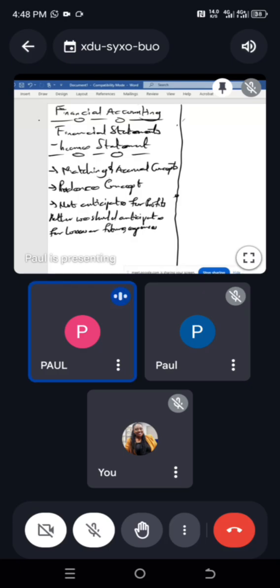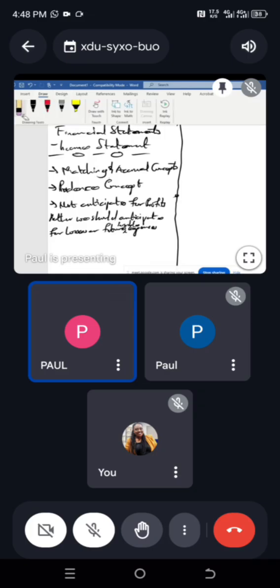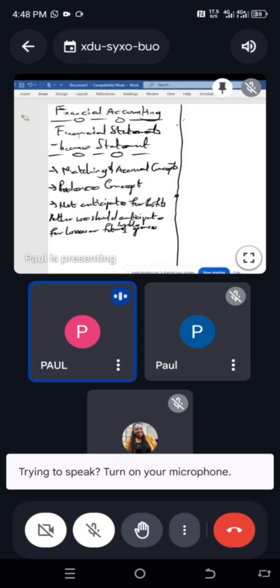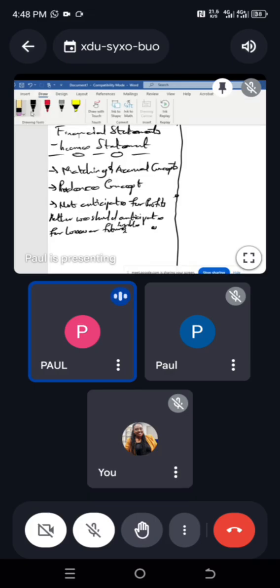Future possible debts. Let me say debts instead of expenses.